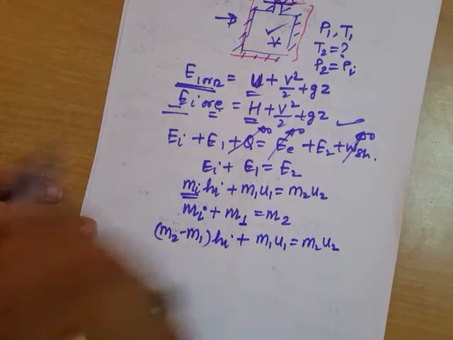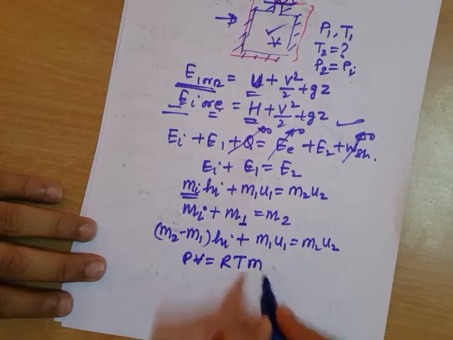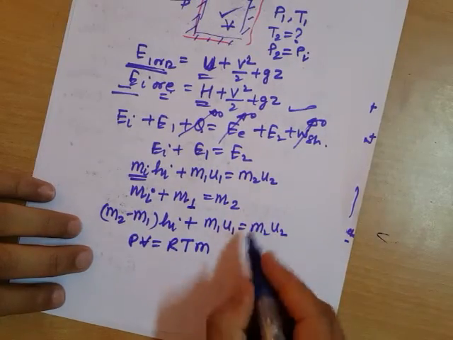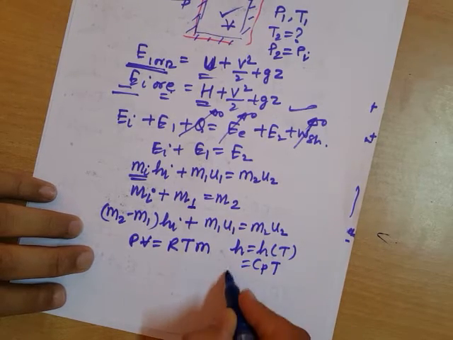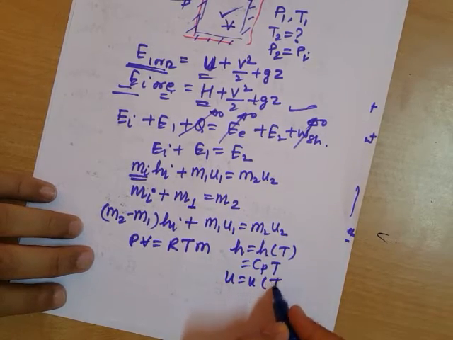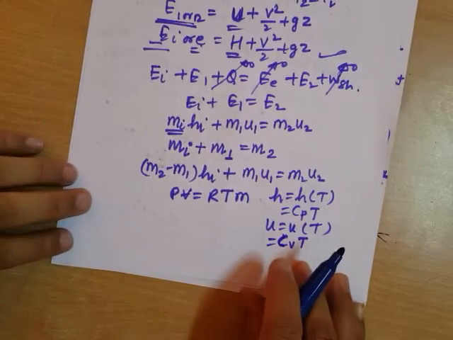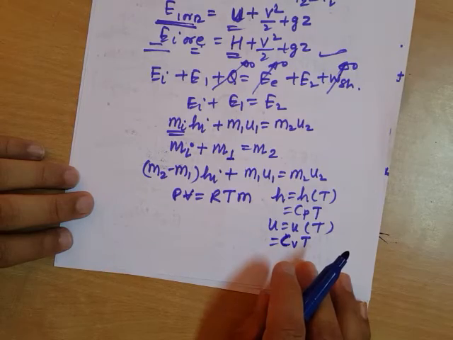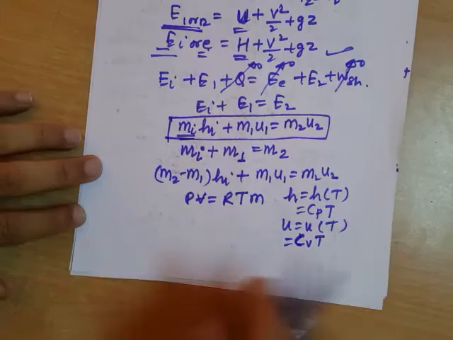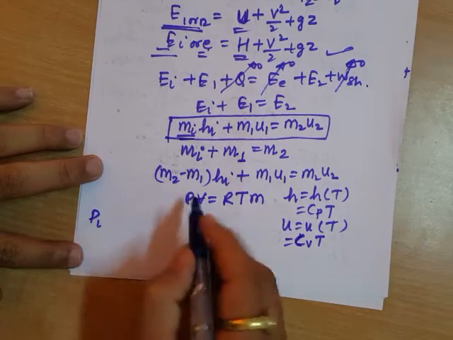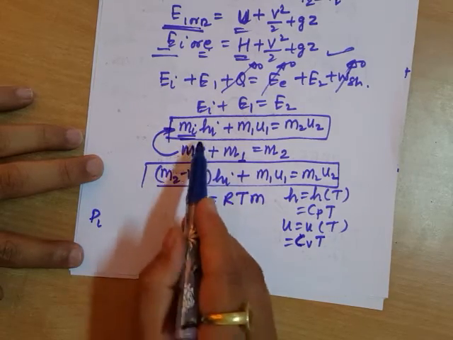And assuming that this gas is ideal, I can write that PV is equal to MRT for an ideal gas. And as we all know, for an ideal gas, enthalpy is a function of temperature, which is written like Cp T, and internal energy is also a function of temperature, which is written as Cv T. So I can write this equation, because Mi has been replaced by M2 minus M1.